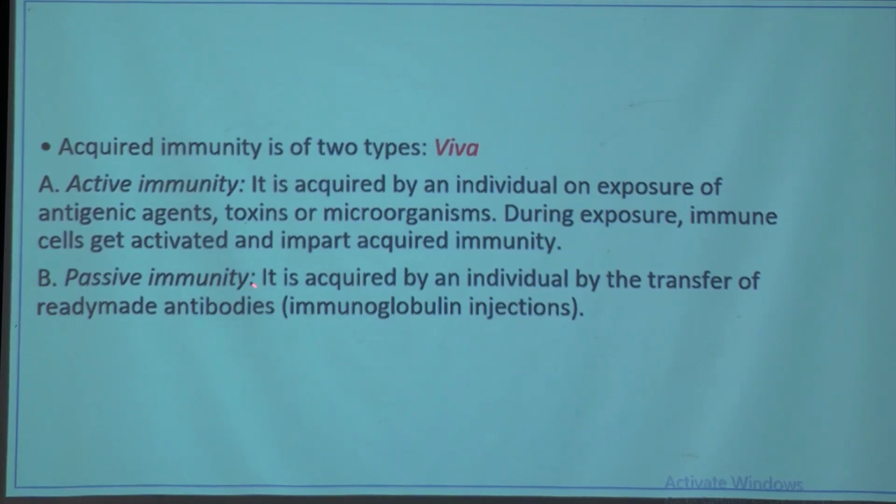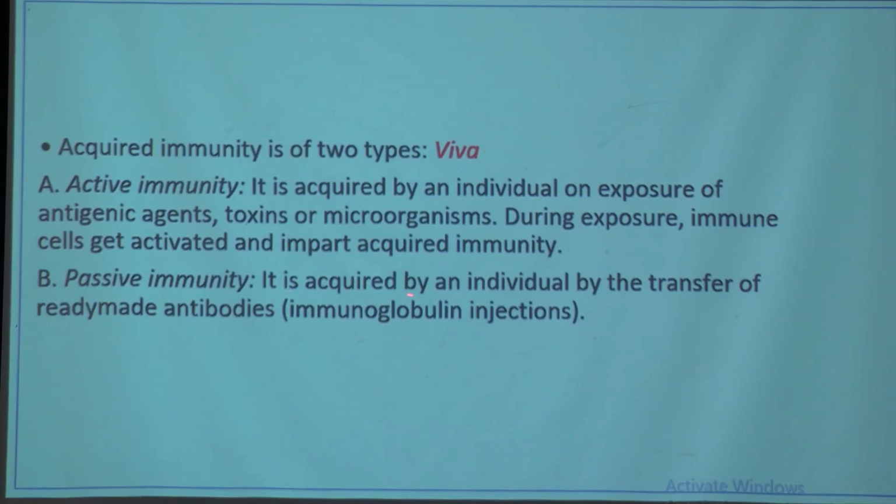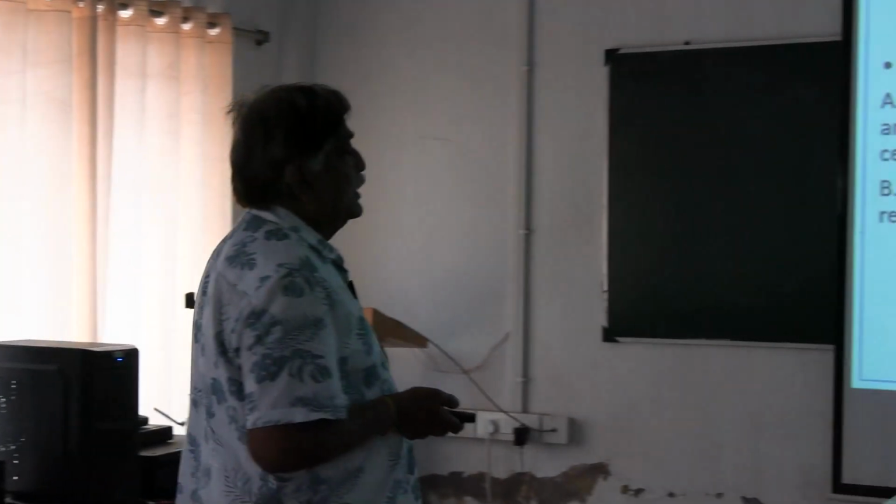Passive immunity is acquired by an individual by the transfer of ready-made antibodies, immunoglobulin injections.